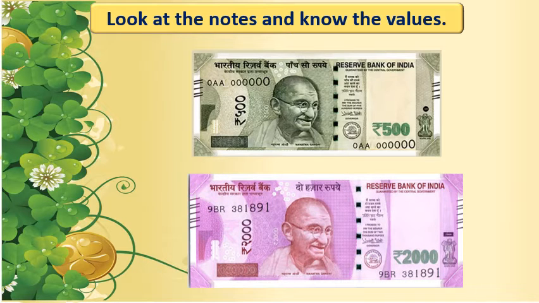And this is 2000 rupees note. These notes have different colors and different size, isn't it? Why it is so? What do you think? Different colors and different shapes they have because to identify them easily. Okay?